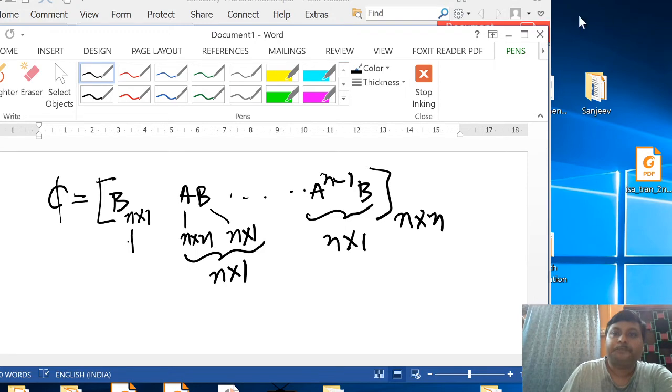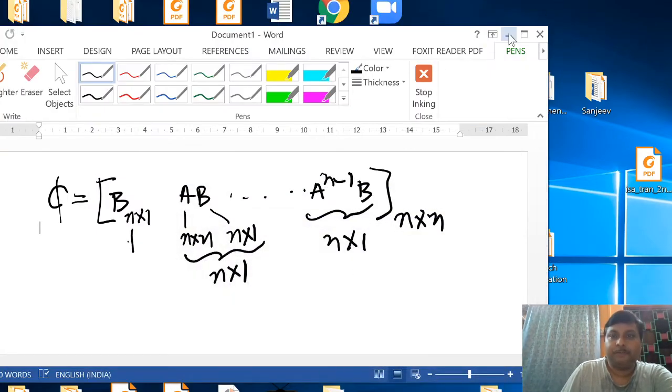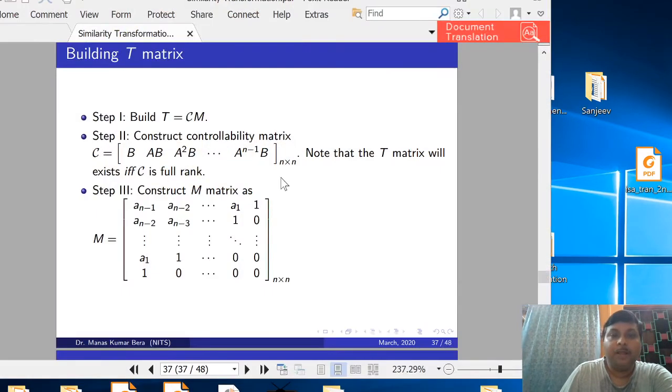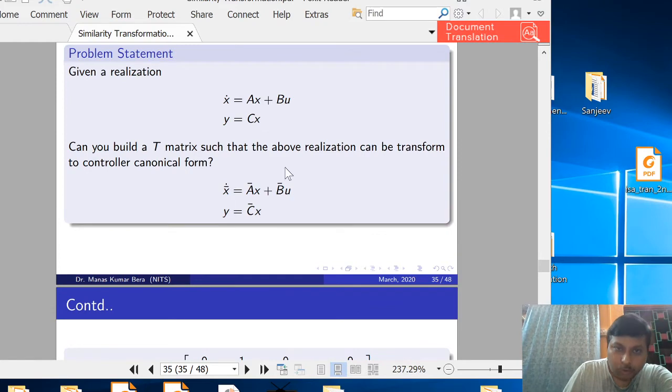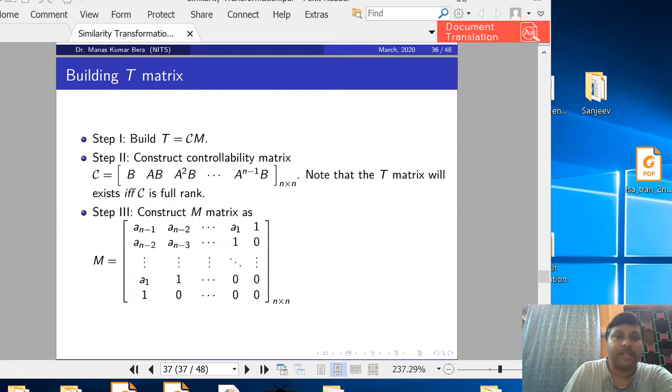Okay, so this is the C matrix you have to form, and one thing you have to remember while doing the controller canonical representation: to check whether controller canonical form representation is possible for a given system, this controllability matrix should have full rank, meaning the determinant of C will not be equal to 0.